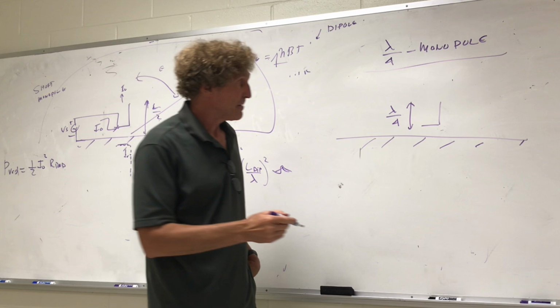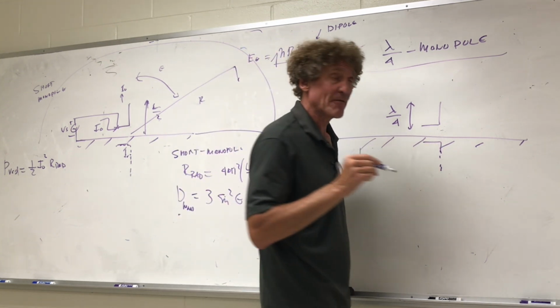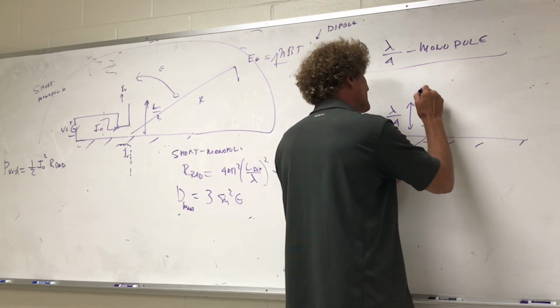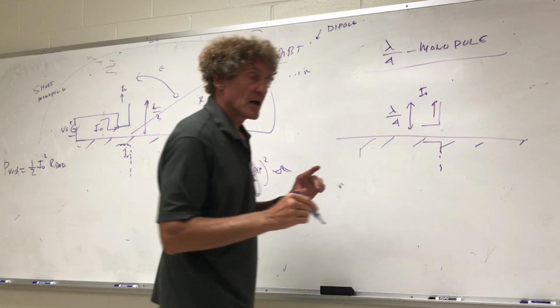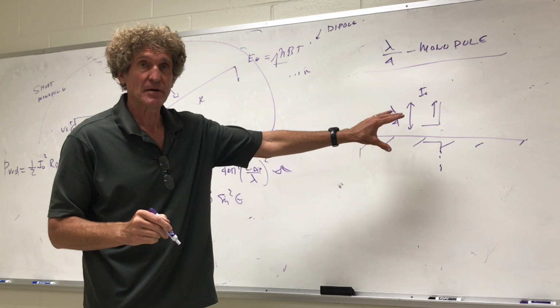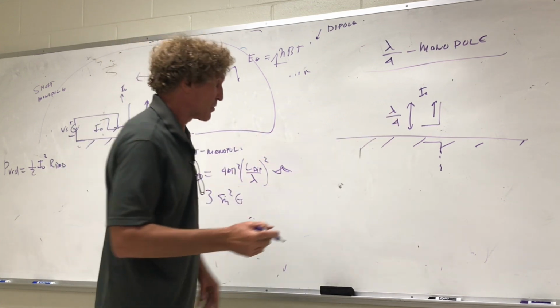Remember, it's going to have an image current just like it would for a half-wave dipole. If you have a current I naught right here at the driving point, the driving point impedance of this will be 1/2 the driving point impedance of a half-wave dipole. With me? This is a quarter-wave monopole.